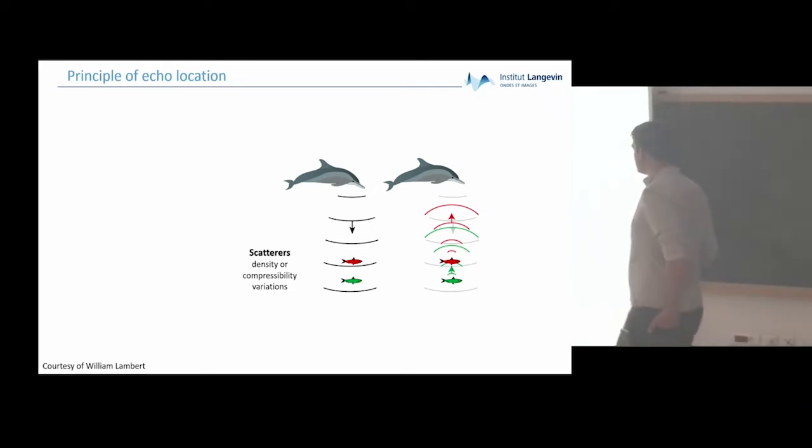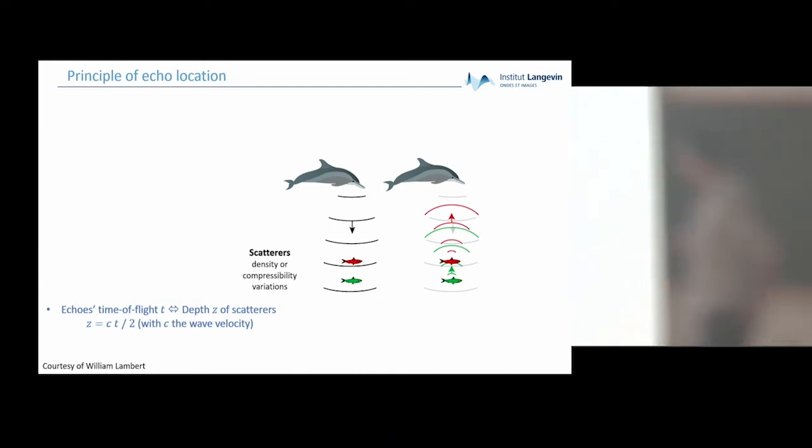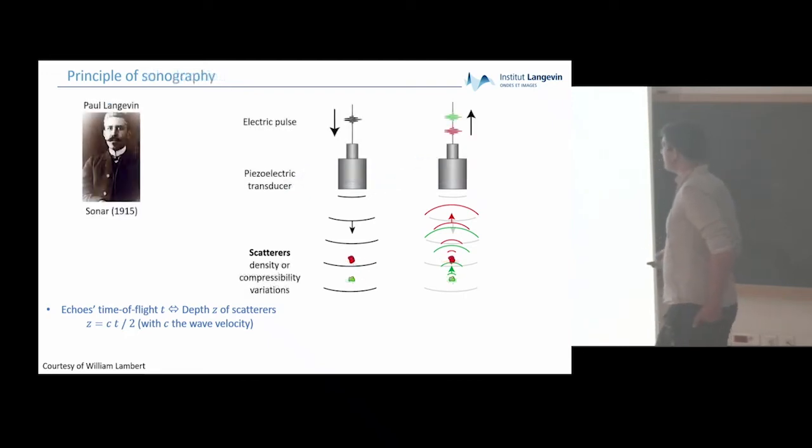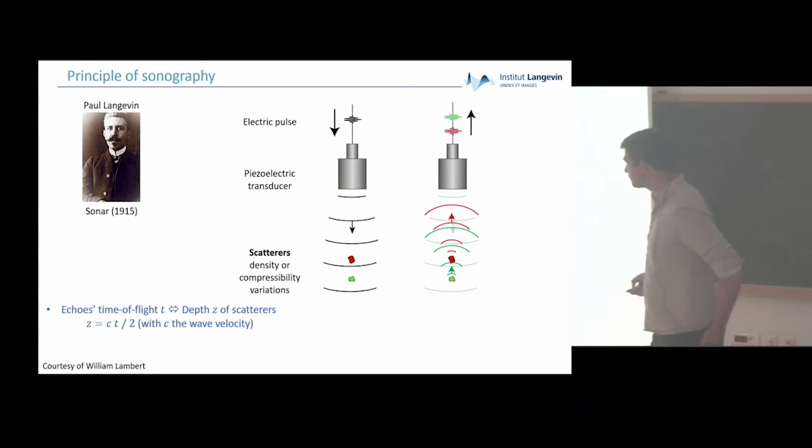And based on the information on the time of flight that the echo takes to come back, you can locate and image these scatterers in the axial direction. This is exactly the same principle that Paul Langevin followed in 1915 to build the first sonar. Now your fish is replaced by a piezoelectric transducer.